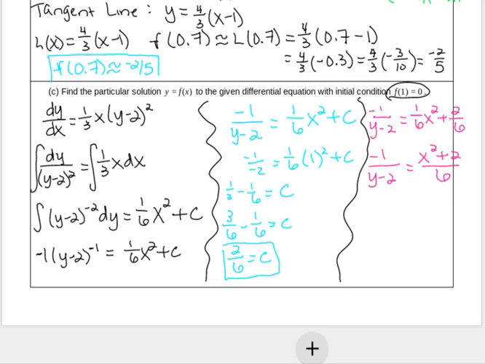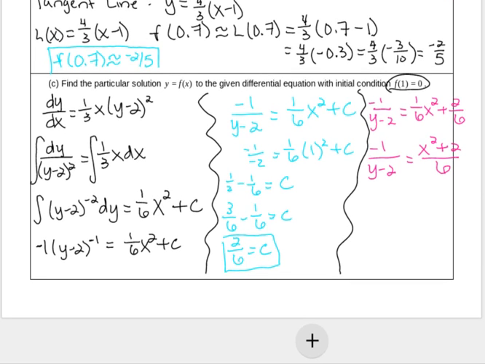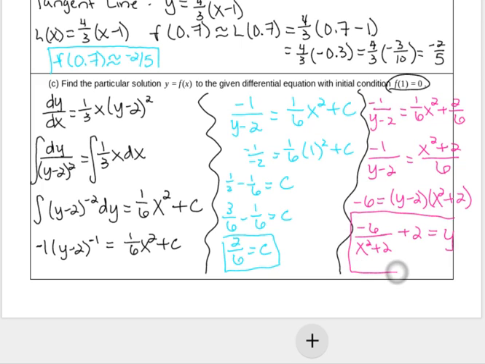Now that I have a fraction equals a fraction, I can just cross multiply to get y by itself. So I'm going to get negative 6 equals (y minus 2) times (x squared plus 2). So negative 6 over (x squared plus 2), and then I would have to add 2 to get y by itself.